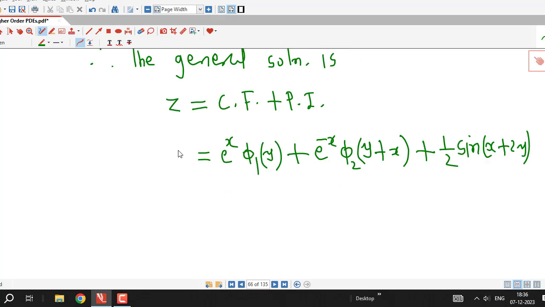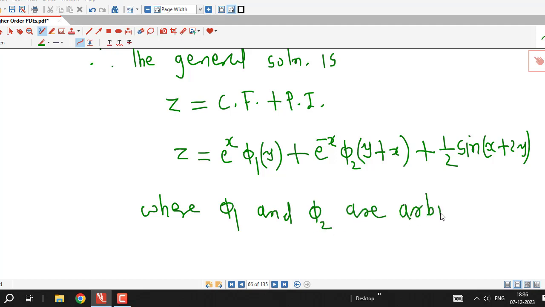This is the general solution of given non-homogeneous partial differential equation, and here phi 1 and phi 2 are arbitrary functions.